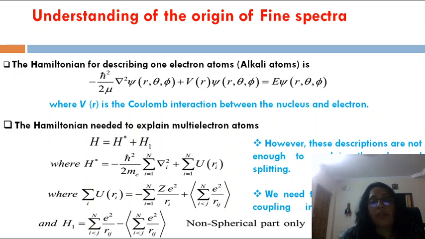Due to that we have to consider another consequence for the doublet, and that is spin orbit coupling. We need to include the spin orbit coupling into the Hamiltonian if we want to solve the Hamiltonian to understand the splitting of spectra.